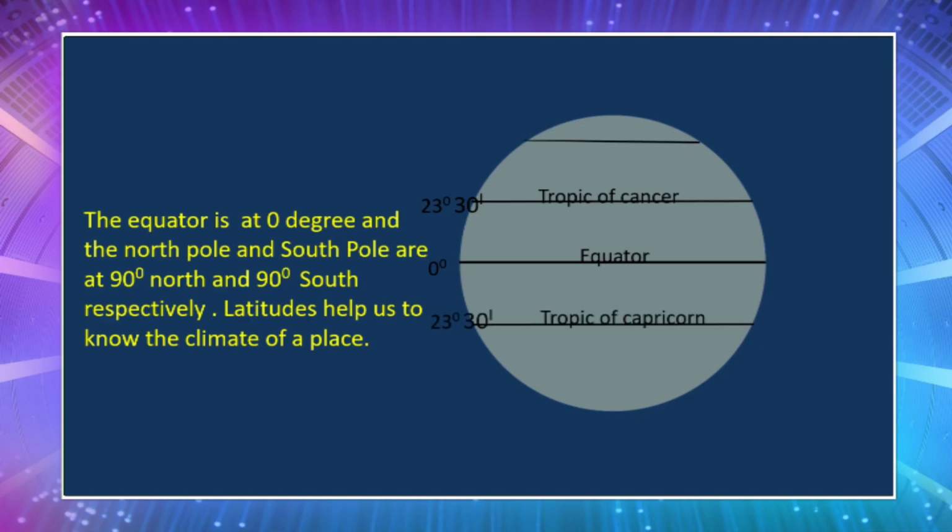Latitudes help us to know the climate of a place. Children, in your previous classes, you might have learned that the region near the equator is hotter since the sun rays fall on the equator perpendicularly and slantingly near the poles. Therefore, when we move towards poles, we can say the climate near the equator is hot and the climate near the poles is cool, and the climate between the equator and poles is moderate.